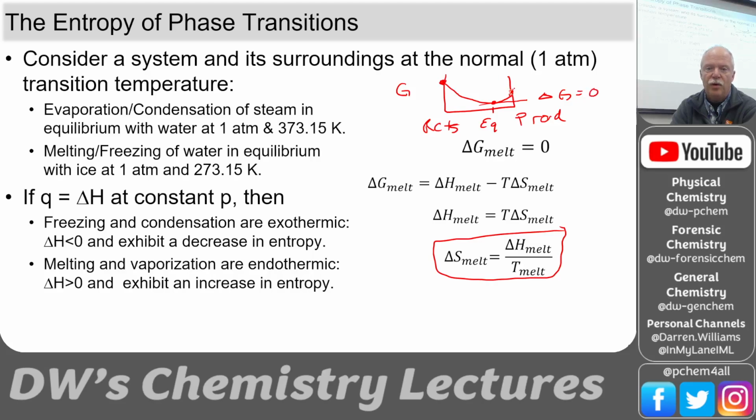Notice if we have all products, it'll run backwards, because it would be spontaneous going in the reverse direction to make a negative delta G. If we have all reactants, it's negative in the forward direction, but somewhere in the middle it goes through 0 because there's a dip. And that's where we would be for melting and freezing and vaporization and so on. At those phase changes, the liquid and the solid at melting are in equilibrium with each other, so they have a 0 delta G.